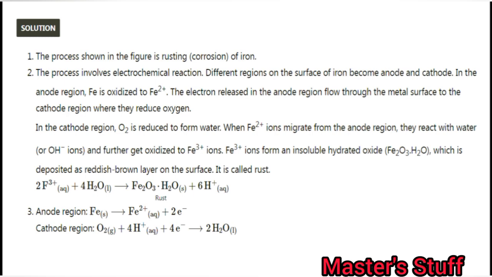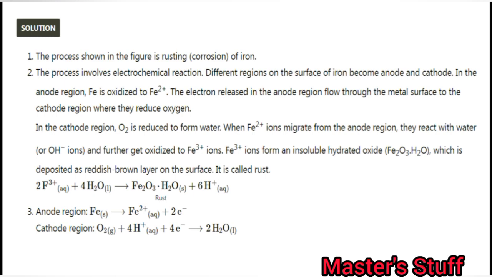Fe3+ ions form an insoluble hydrated oxide, that is Fe2O3·H2O, which is deposited as a reddish brown layer on the surface. It is called rust. Means Fe3+ plus 4H2O gives Fe2O3·H2O plus 6H+ ions.